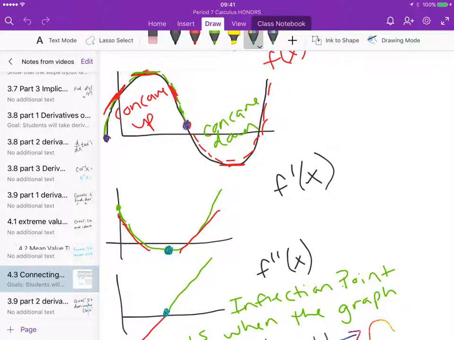So in this case, f of x is really going to only have one inflection point right here, because that's where it goes from concave up, and it starts increasing the slope once again, and then starts becoming a concave down function. Okay? So that defines what it is for us. In the next video, we're going to look at a specific example of points of inflection.